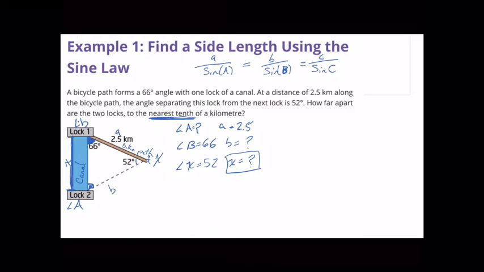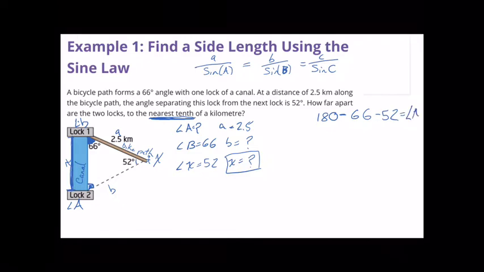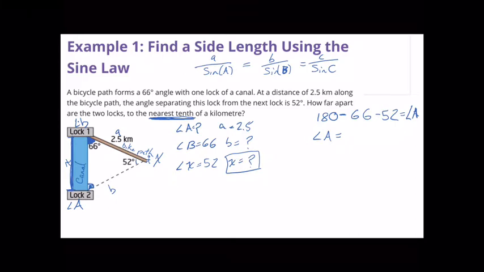I can figure out what angle A is though, because I know that all triangles add up to 180 degrees, which means if I subtract both of those, I'm going to end up with angle A. So angle A equals 180 minus 66 minus 52, which equals 62 degrees.